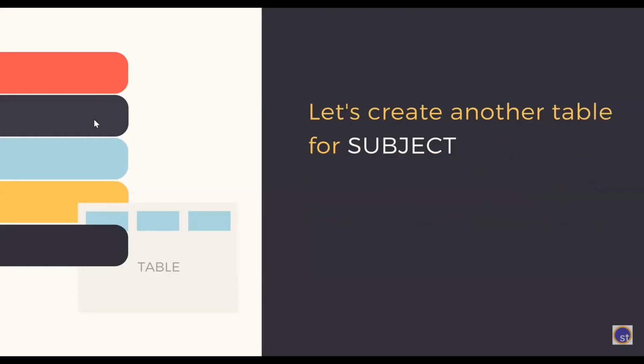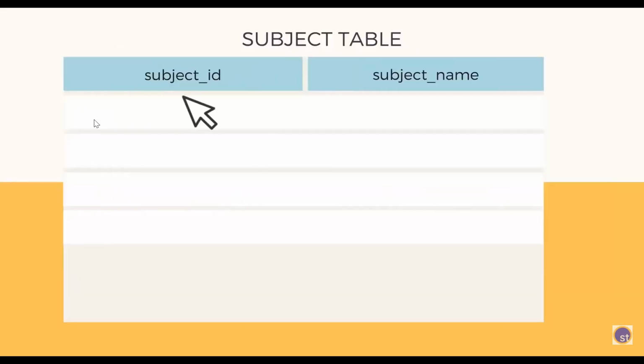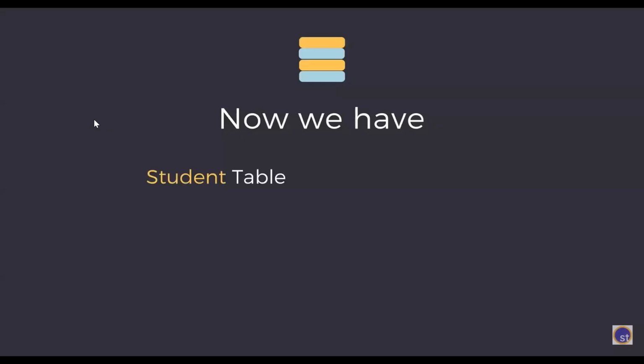Let's create another table for subject. In this table, we have subject ID, which is the primary key for this table, and the subject name. Again, subject ID can be used to get all the information stored in all the other columns. Unfortunately, there is only one other column in this case. Now we have a student table with student information and another table for subjects.